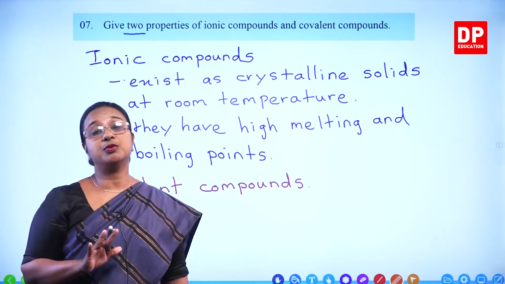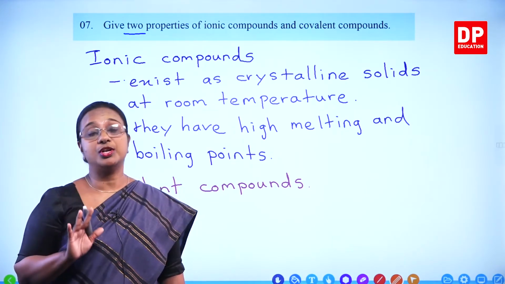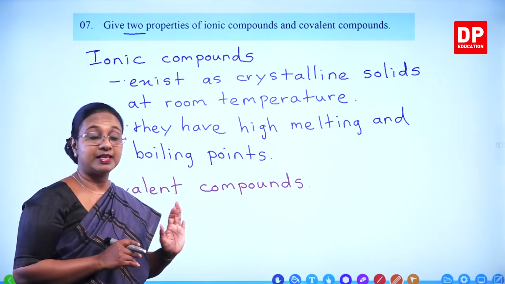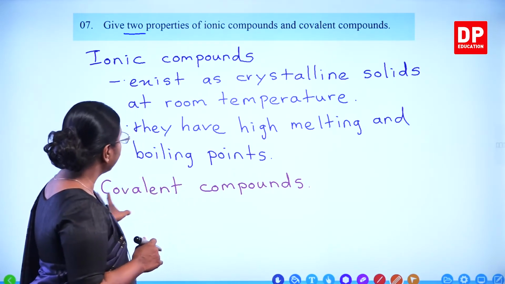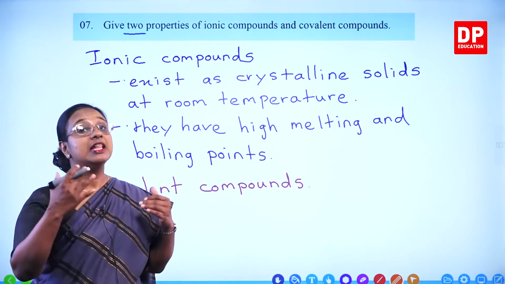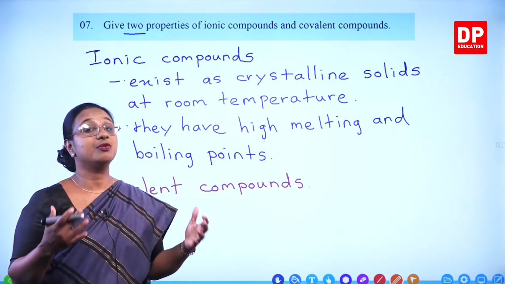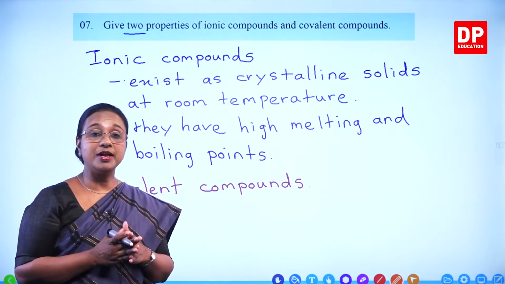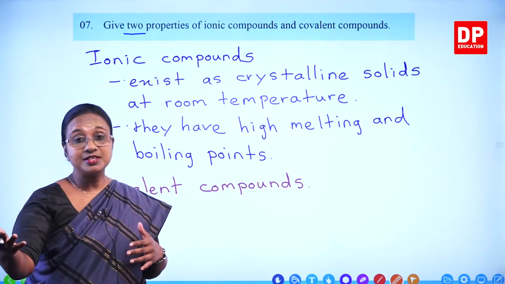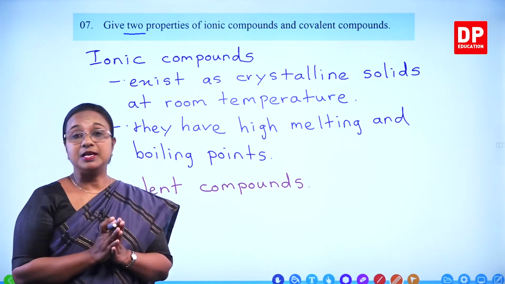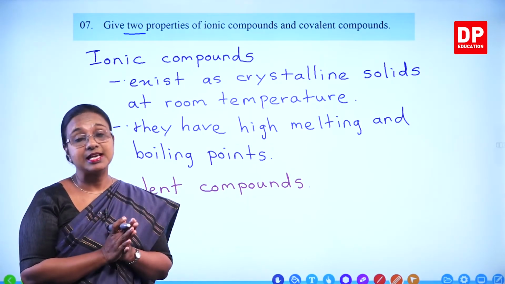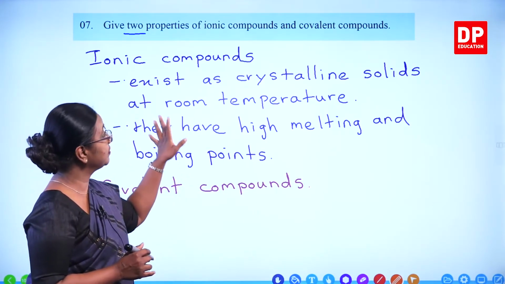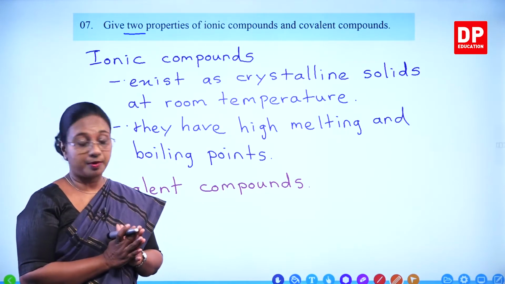And some of the covalent compounds are only soluble in water. So you can write any of the properties. And you can remember, students, as covalent compounds, the atomic lattices, those are exceptions because they have very high melting and boiling point. Graphite conducts electricity. So all those are because of the atomic lattice structure. But when we write the properties of covalent compounds, we just stick to the common properties.